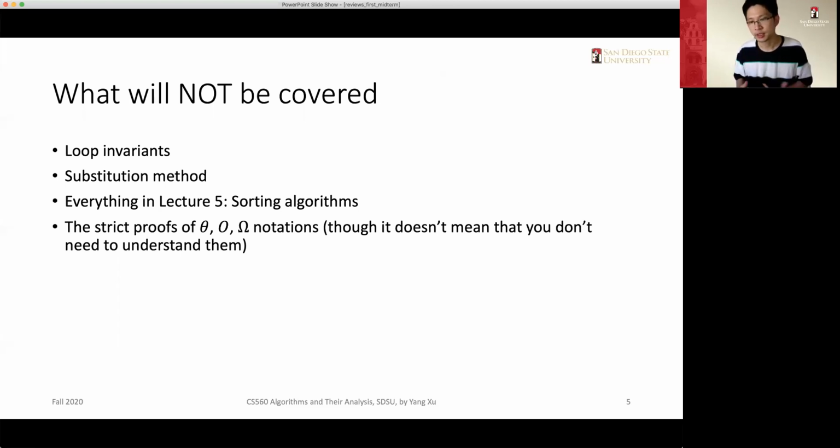These kinds of techniques will not be covered in the midterm. Also, substitution methods: I think we have already had enough practice in assignments, so I'm not going to include it in the first midterm as well.